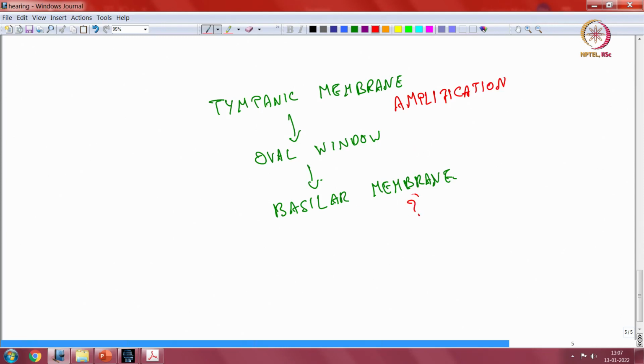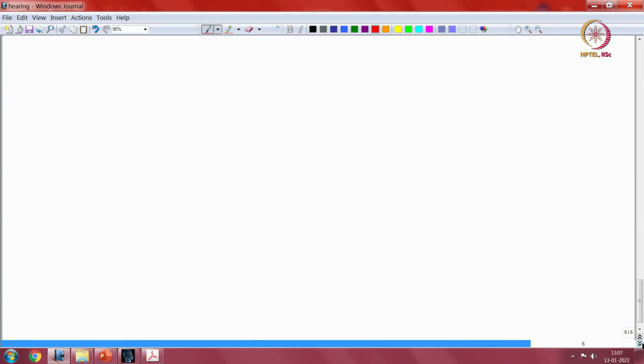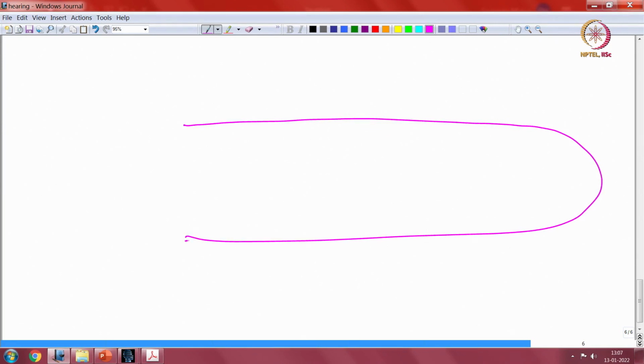So, what is exactly the basilar membrane doing? Some properties of the basilar membrane are interesting. Again we draw the whole thing; we have unfolded it to give a better idea of the basilar membrane. Basilar membrane basically tapers.